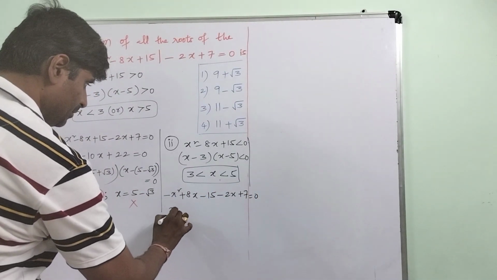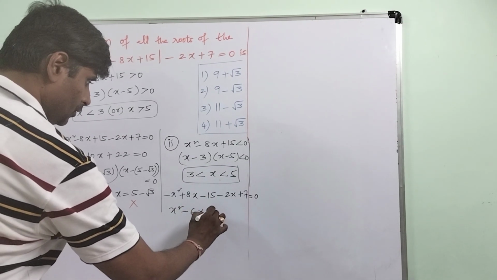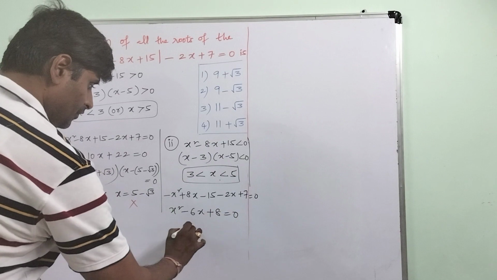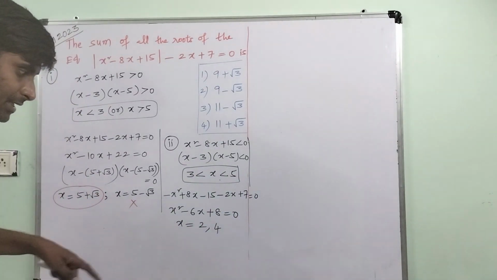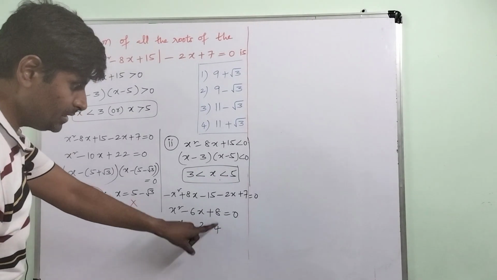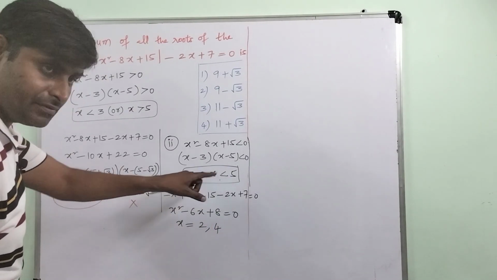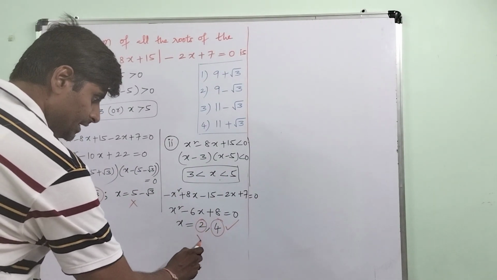So from this, if you take minus common, x square minus 6x plus 8 equal to 0. From this, roots are x equal to 2, 4. In this, as we know, 4 only is the value which lies in this interval. So 4 can be considered and 2 will be rejected.